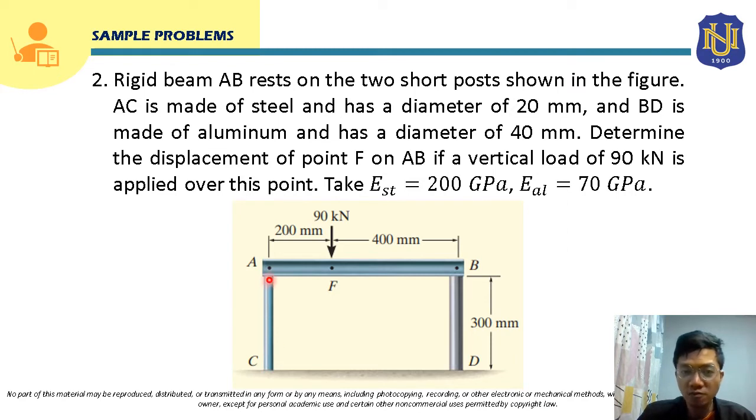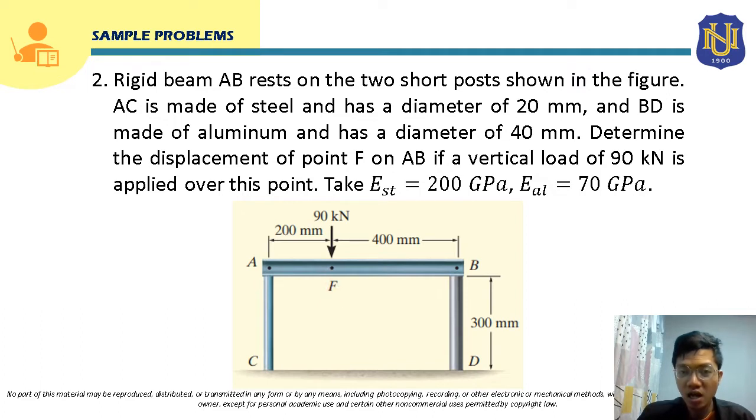Meaning to say, this rigid bar AB will not deform, but it will be displaced because of its supports or posts. So this point F will displace.